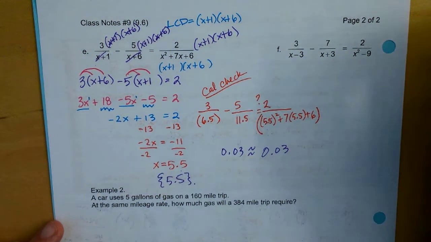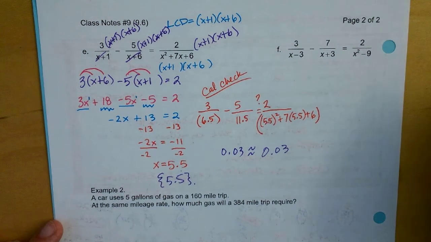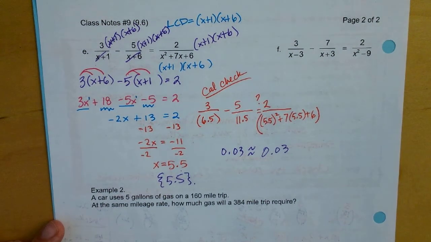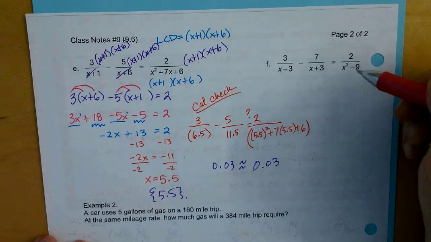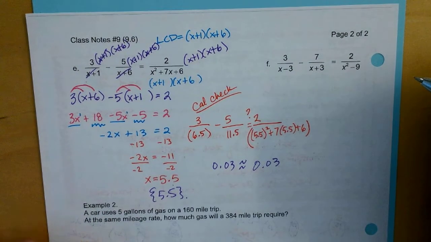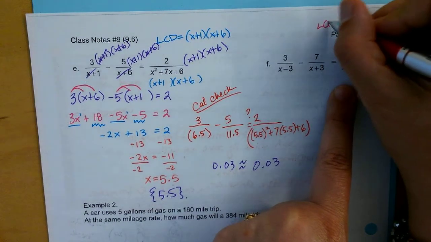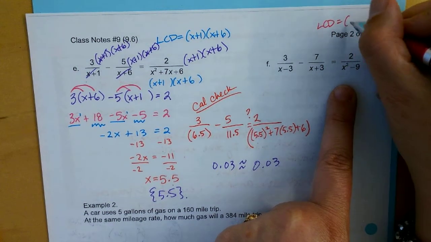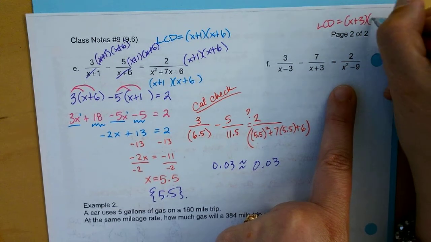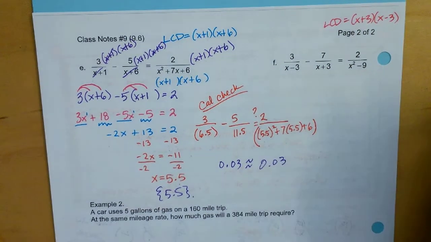And then for the next one, what's the lowest common denominator, everyone? Yes, that's the lowest common denominator. You said the x squared minus 9 is the LCD. That's the factors. That's x plus 3 times x minus 3, correct?